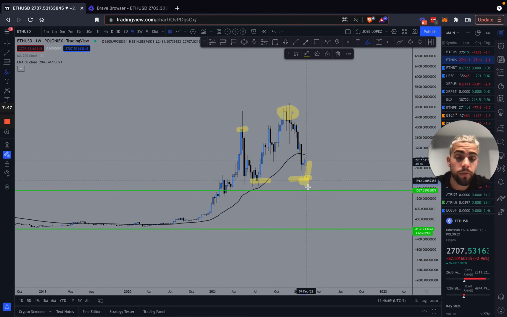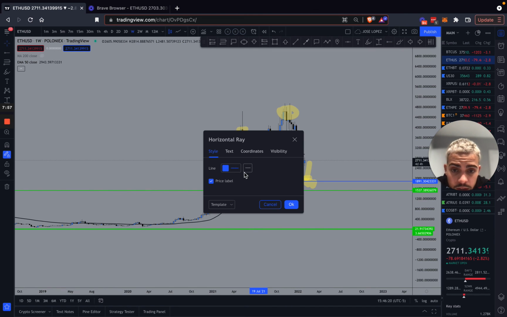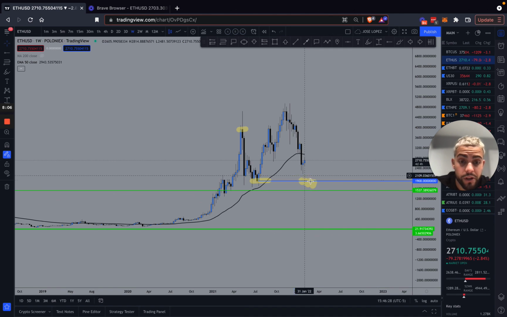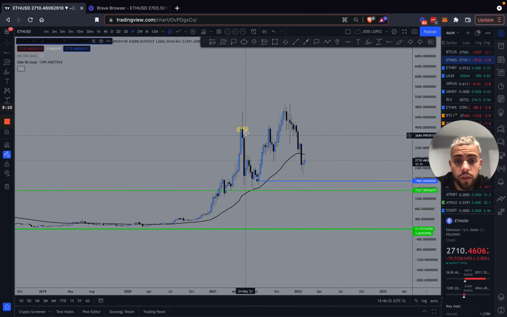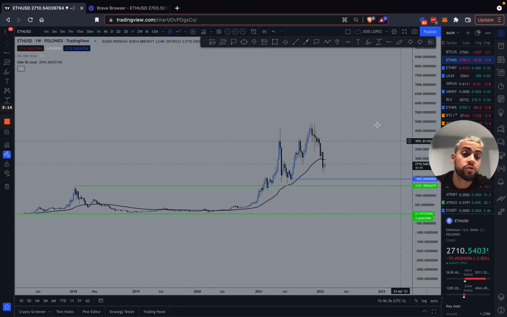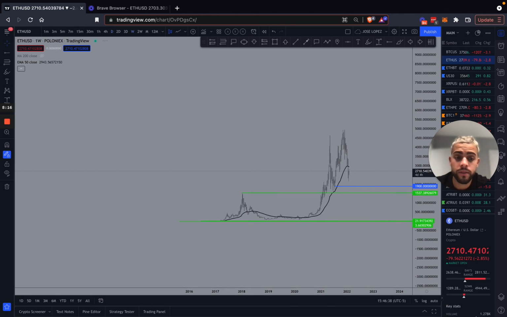If we start opening candles, daily and weekly candles, below, I would say 1900, it would be most likely that we are shifting from a bull cycle into a bear cycle or bear market, but we will have to adapt once that happens.